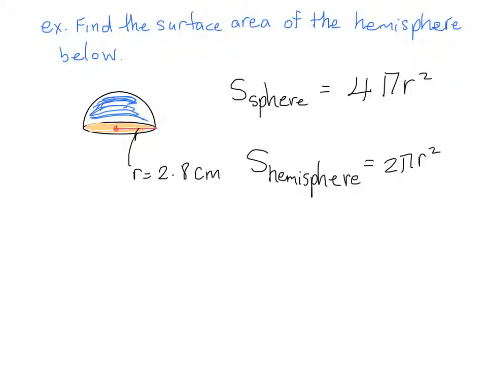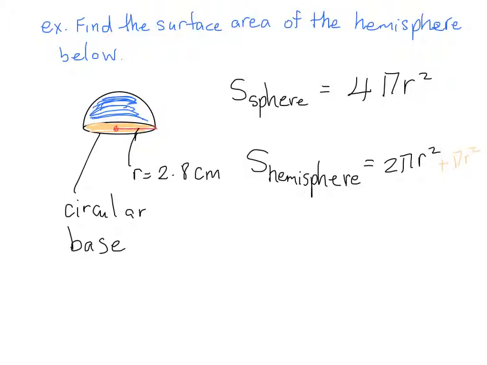However, that is not the entire surface area because there is a circular base. Since the circular base is, of course, a circle, the area of a circle is pi r squared. So we actually have to add that pi r squared.